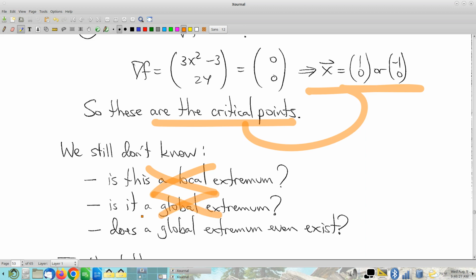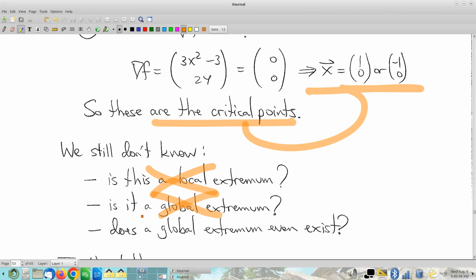Now we got to distinguish between local max and global max. A local max is like a mountaintop, right? It's the highest point nearby. A global extremum says this is the highest point on the entire graph. So some hill out west in North Carolina, the top of that is a local maximum.